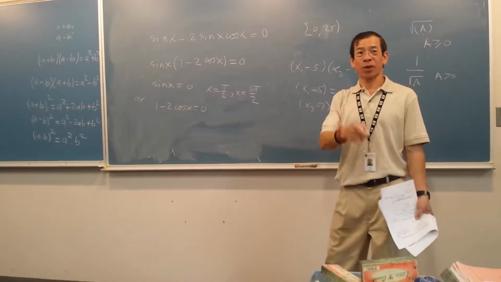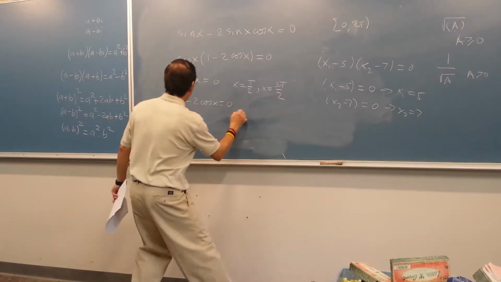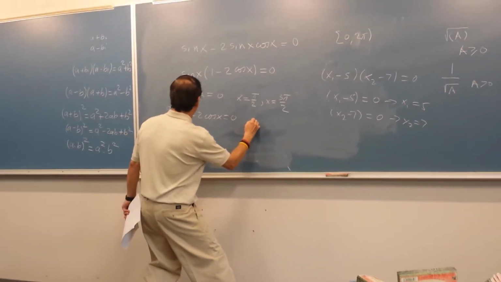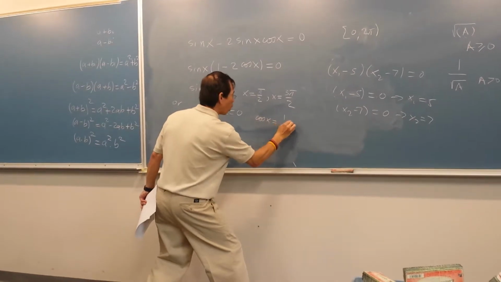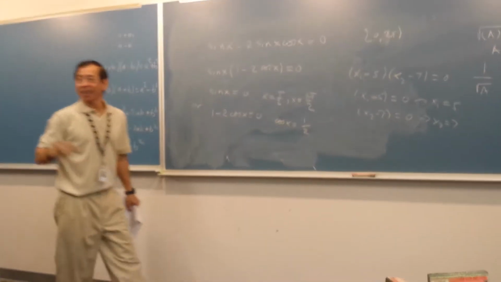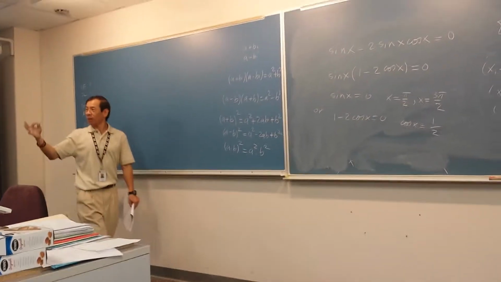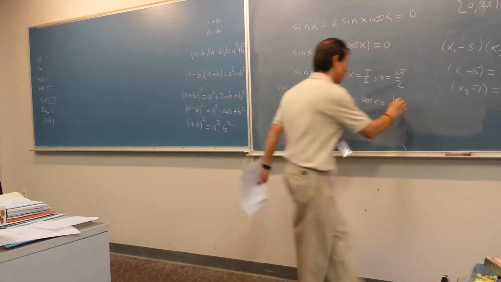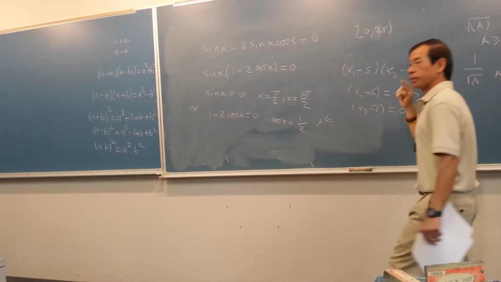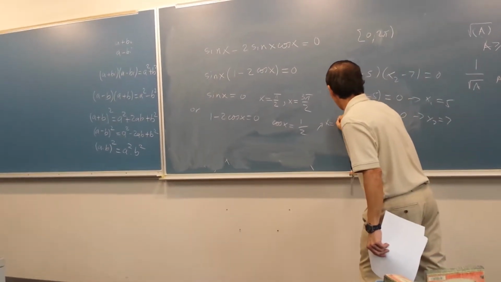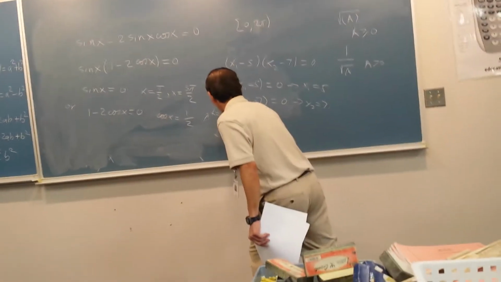Cosine x equals half. With our friend over here, we want to solve cosine of x equal to 1 over 2. So with the unit circle, we have x equal to pi over 3, and then the next one, x equal to 5 pi over 3.